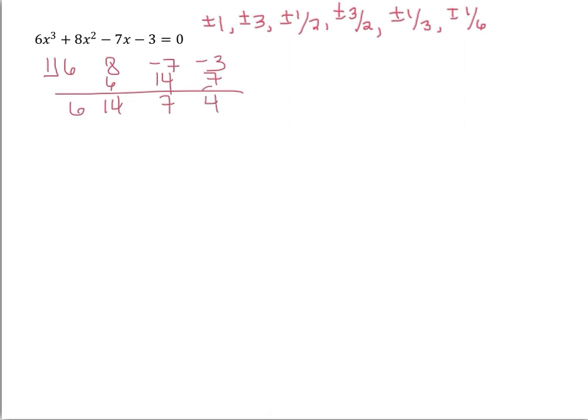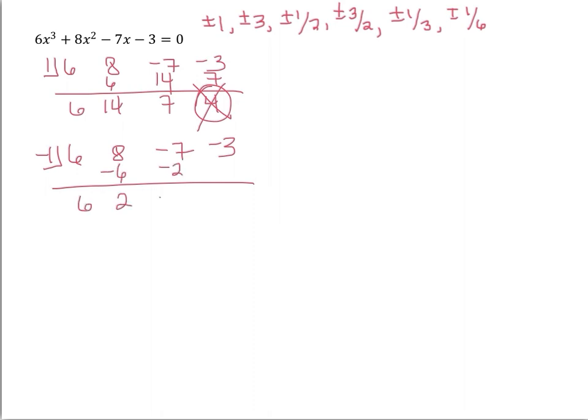This is going to give me 4, so 1 doesn't work. Again, I can stop right here because I see the remainder will not be 0. Negative 1 doesn't work.